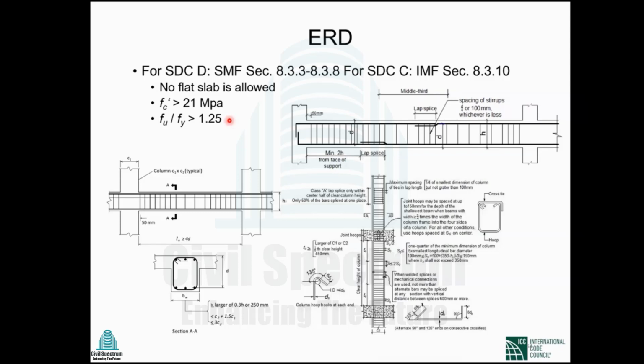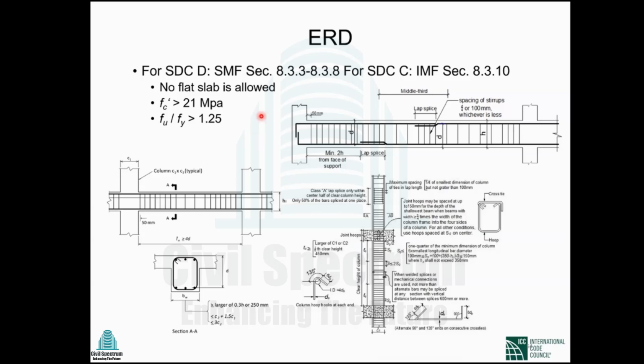Now, there's one more thing that I should mention. In the present version of the code, BNBC 2020, reinforcing bar having strength more than 420 megapascal or 60,000 psi is forbidden for seismic design category D. So that is one important restriction.